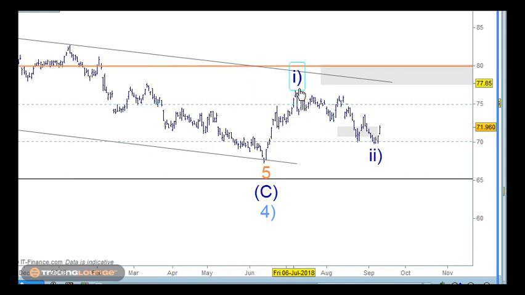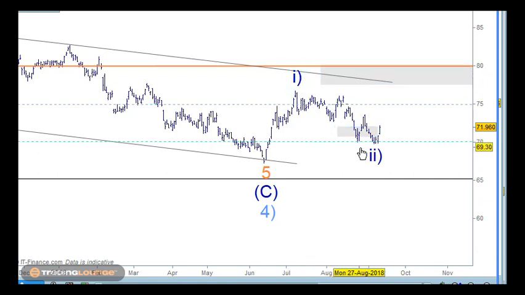And then this here counts quite nicely as, in fact, we'd probably have to put this blue wave 1 here as an orange wave 1 here, but it doesn't matter at this particular point.